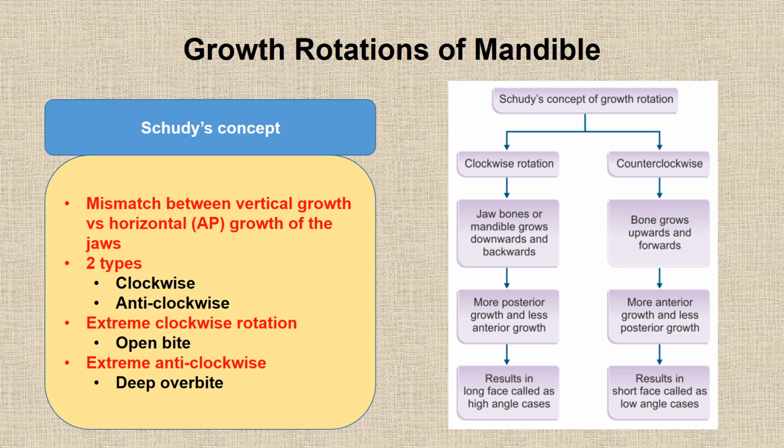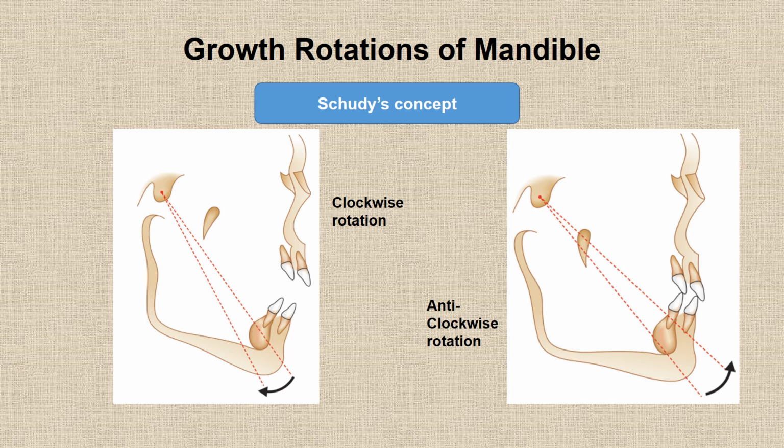Extreme clockwise rotation can give rise to an open bite, whereas extreme anti-clockwise rotation gives rise to a deep overbite. Clockwise rotation is this, and this is anti-clockwise rotation.